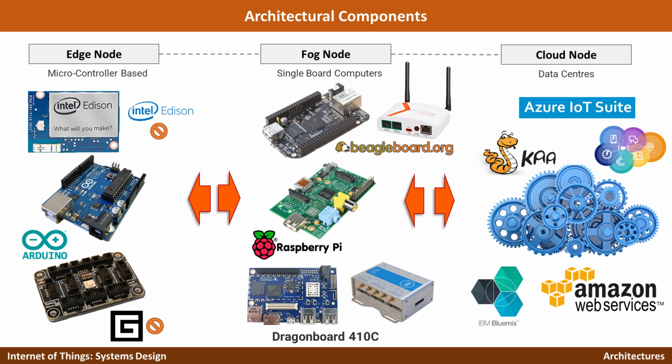Even low energy technologies like Bluetooth consume more energy than actually computation. So if you can do the computation, it is ideal to do it on the edge node and then pass the aggregated data on to the fog node, and then it will also do some processing and send to the cloud. So that is the basic architecture of Internet of Things.